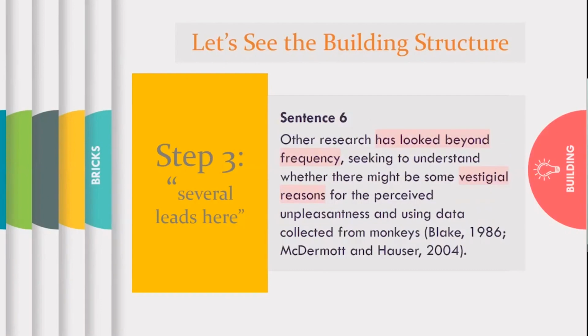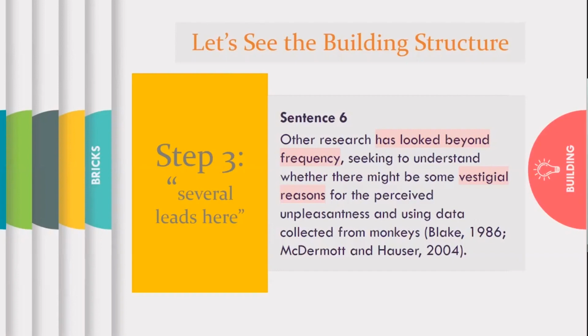Another lead, the writer brought, not about frequency, but talking about vestigial reasons. We all know the word vestigial. Through the evolutionary process, it's a biological term. Parts of organs that we do not use or do not function. That's vestigial. There are many organs that we do not use, but we have it.